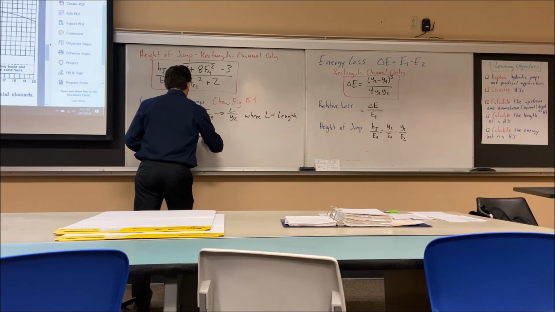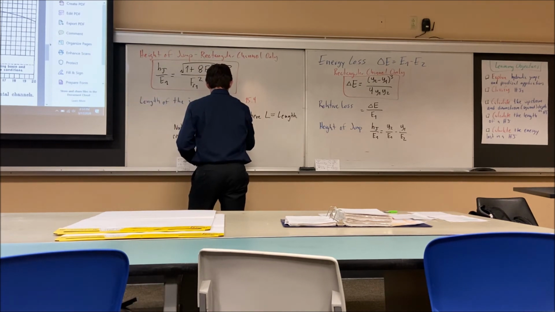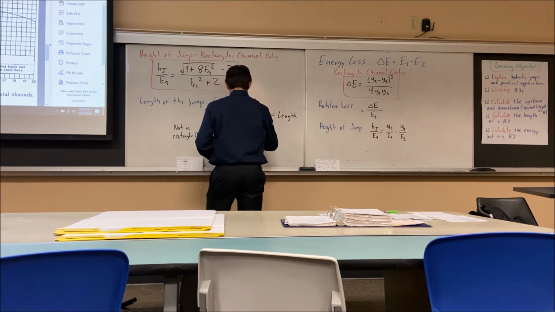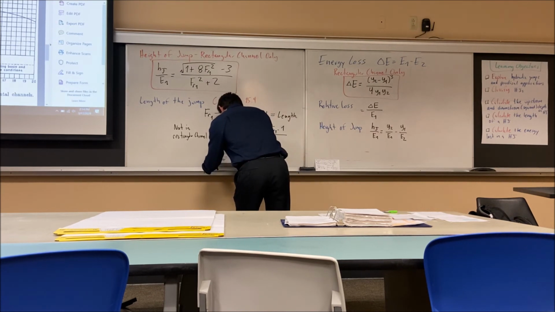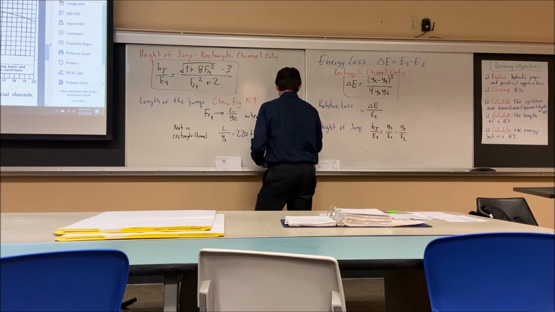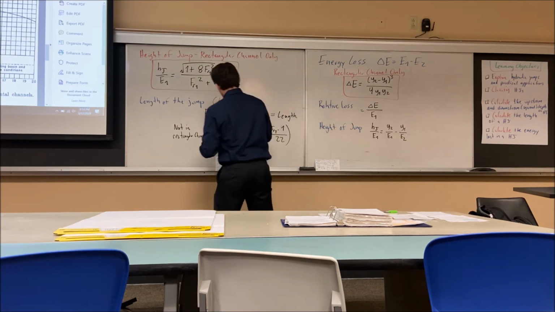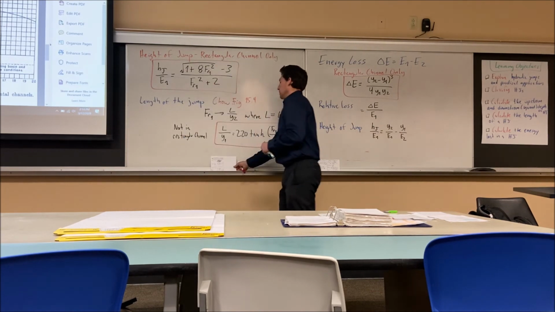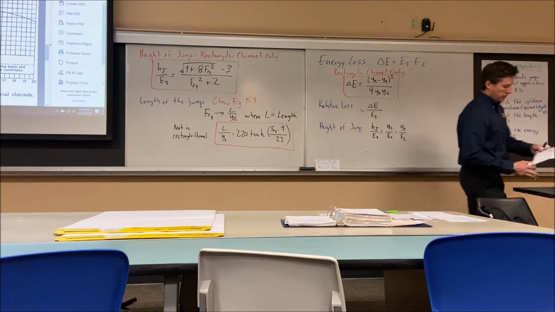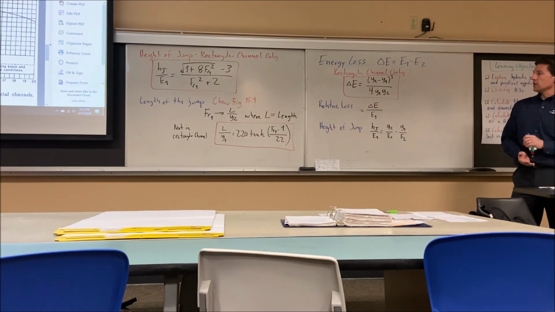If you're not in a rectangular channel, you can say that L over Y1 is going to be 220 times the hyperbolic tangent of (Froude number 1 minus 1) over 22. So if you're doing this for a trapezoidal channel, that will give you a way to calculate what your hydraulic jump length is.